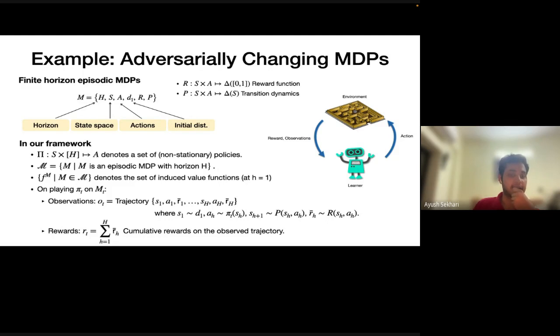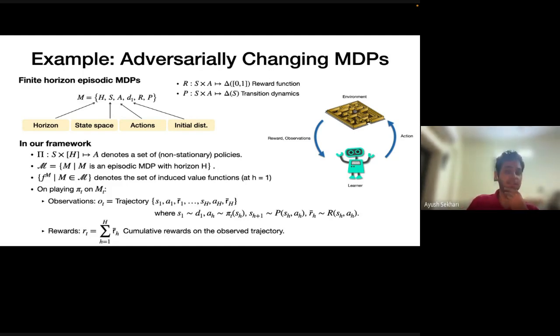The model class is just a family of episodic MDPs with horizon H. And in the interaction between the learner and nature, whenever the learner plays a policy pi t against the model MT, or an MDP MT, the learner gets back two observations. The first is the trajectory S1, A1, R1, S2, A2, R2 to SH, AH, RH, drawn by interacting the policy pi t on the MDP MT, and a cumulative reward RT, which it suffers in this episode.